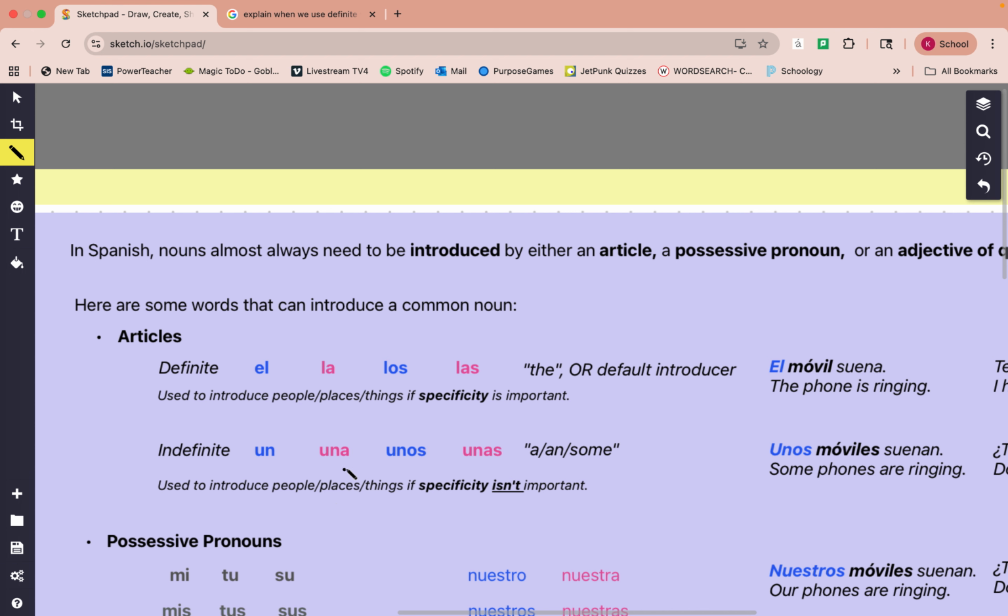All right. So the definite article in English is the word the. The indefinite articles in English are a, an, and some. And these are the definite articles in Spanish. El, la, los, and las. These are the indefinite articles in Spanish. Un, una, unos, unas.